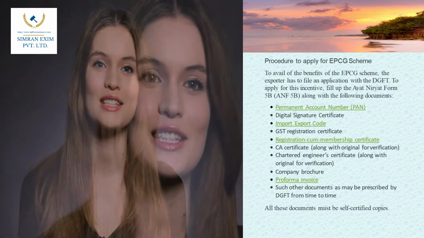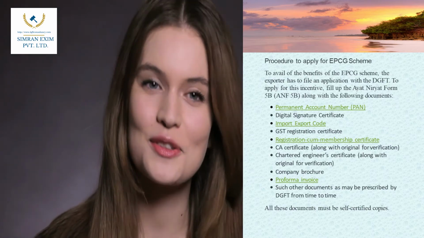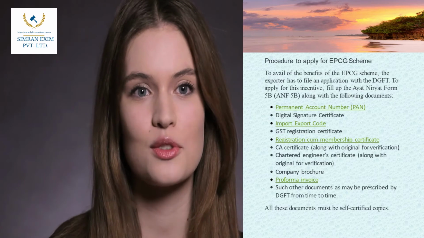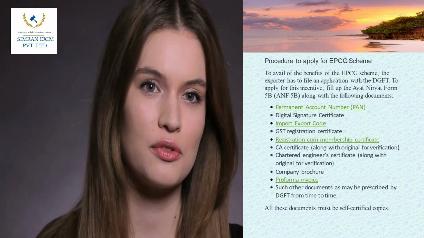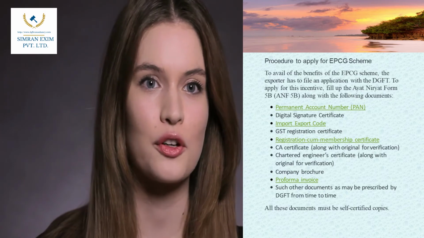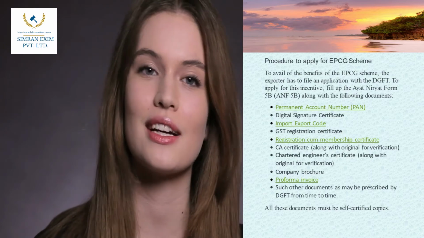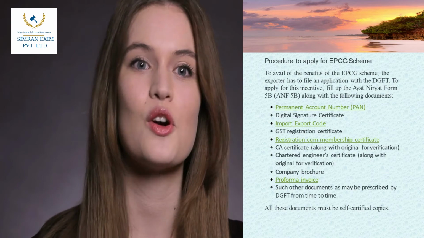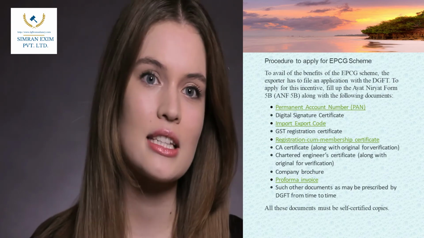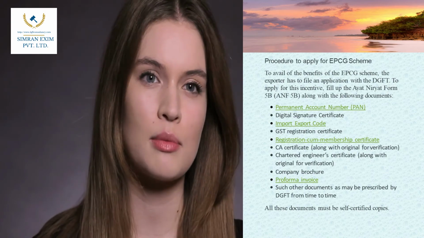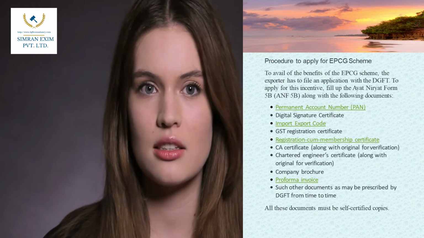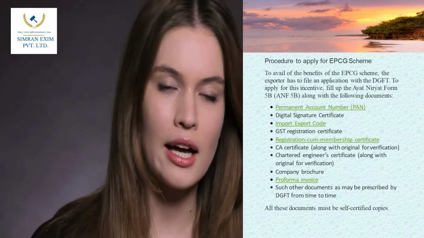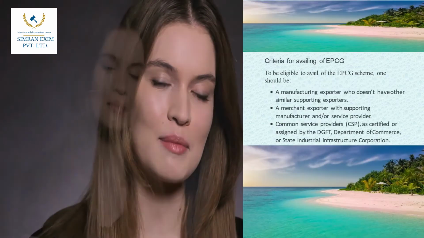GST Registration Certificate. Registration cum Membership Certificate. CA Certificate, along with original for verification. Chartered Engineer's Certificate, along with original for verification. Company brochure. Proforma invoice. Such other documents as may be prescribed by DGFT from time to time. All these documents must be self-certified copies.